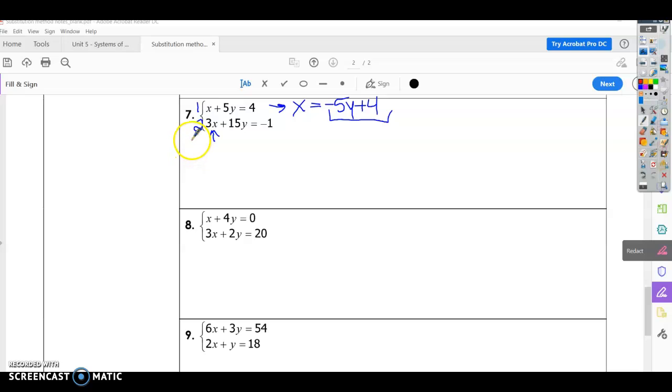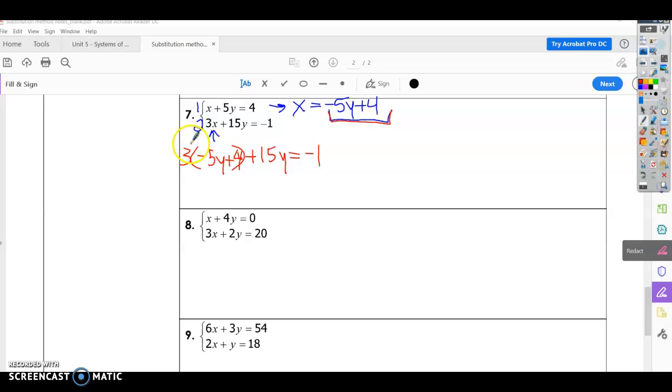So I'm going to have 3 times x plus 15y equals negative 1. Now, in place of x, I said this right here was equal to x, so I'm going to plug in negative 5y plus 4.